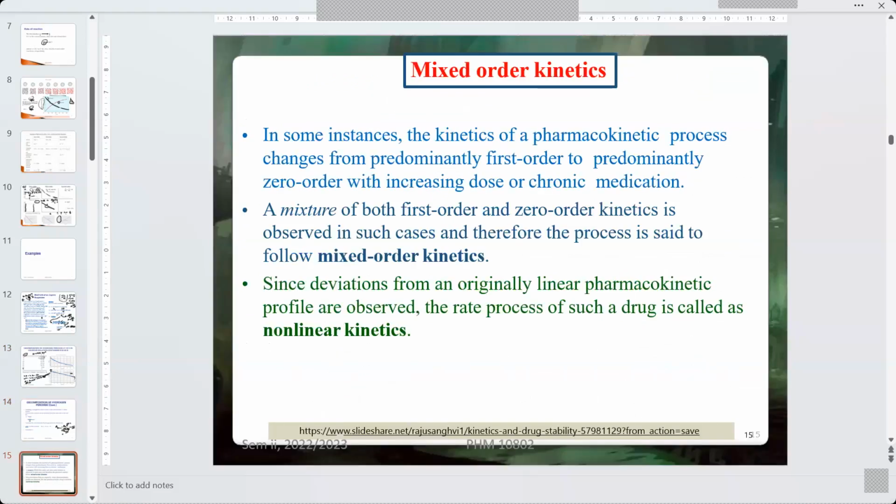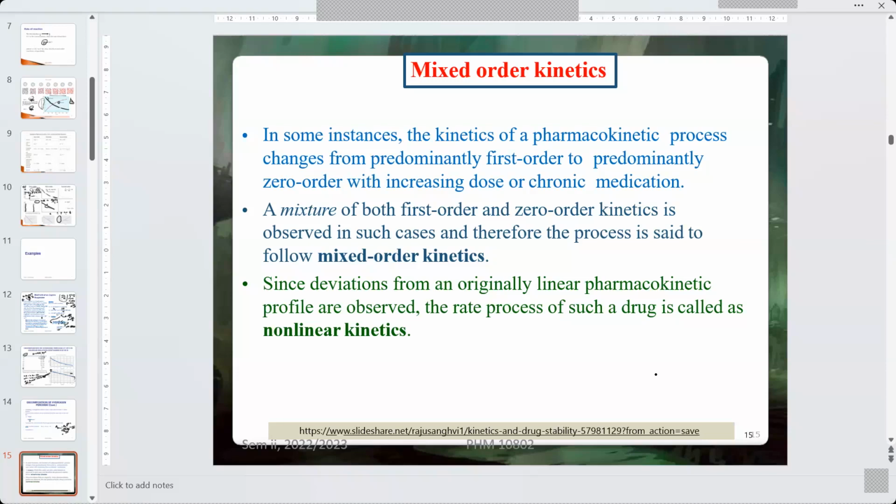so these are zero, first and second order studies. But actually, not all the products will follow this single order kinetics. It may follow mixed order kinetics. So in some instances, the kinetics of a pharmacokinetic process changes from predominantly first order to predominantly zero order with increasing dose of chronic medication.